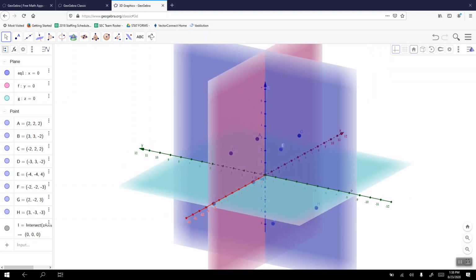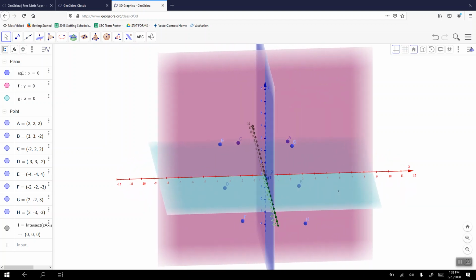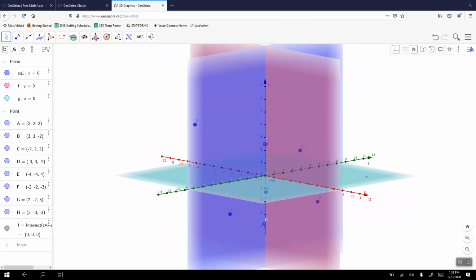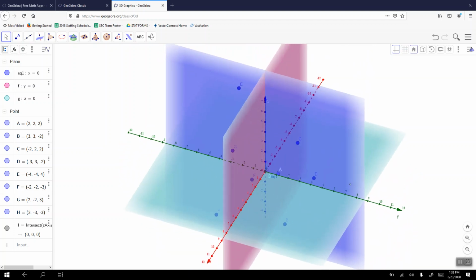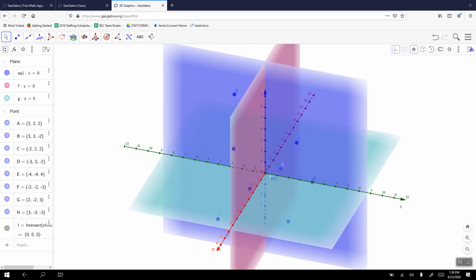Looking at points E and F, once again, they lie in two different octants. Points G and H, again, two different octants. So this is a very nice visual to see that even though in the x and y coordinate system we had quadrants, we still have something similar moving on into R^3, otherwise known as 3-space.